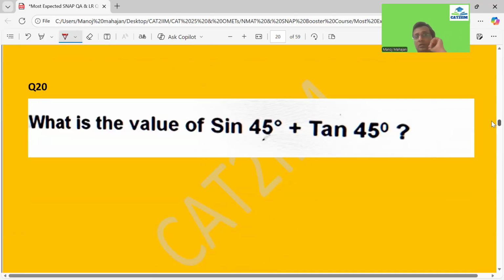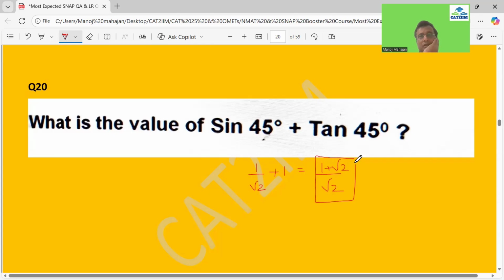You should know the values of sine 0, sine 30, sine 45, sine 60, sine 90. Same goes for cos also, you should know, and tan also, right? So sine 45-degree is 1 by root 2. Of course, the choices would be there in the SNAP, right? So you need to look at the answer. So this would be the value.